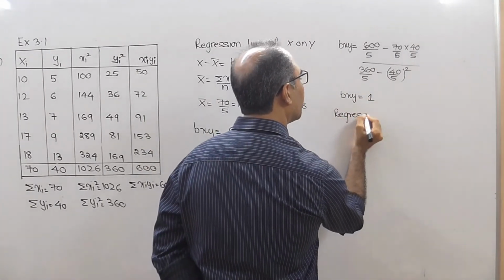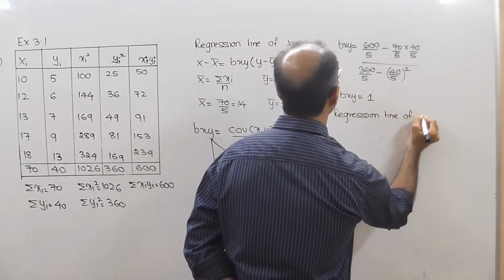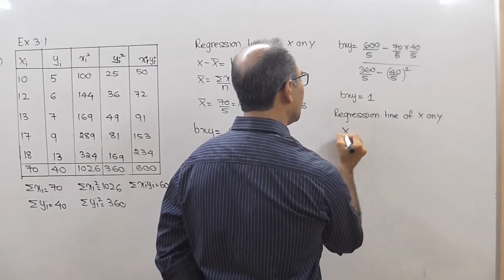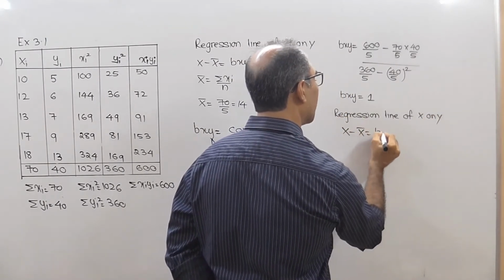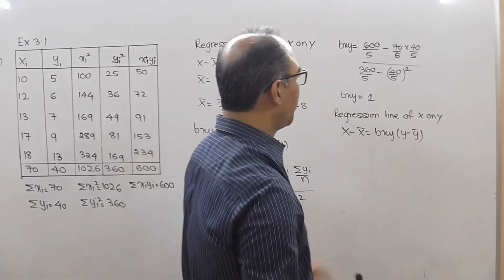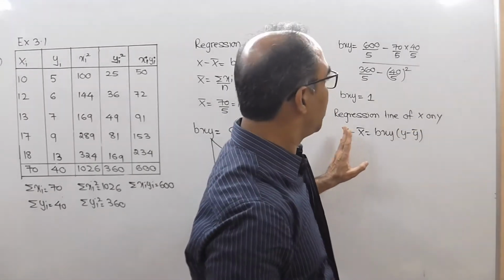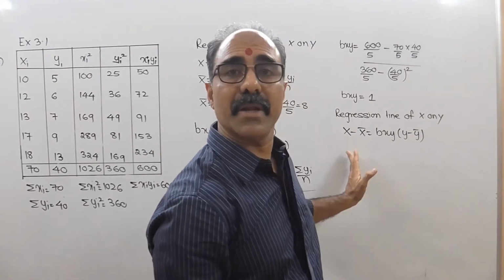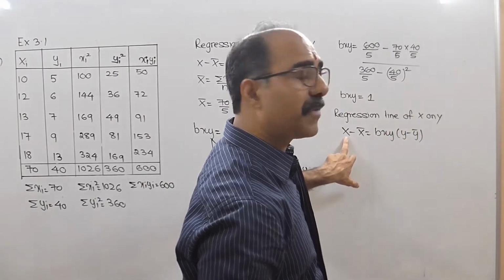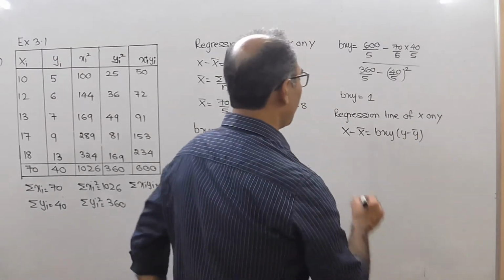We have to find the regression line of x on y. That means it will be x minus x bar, bxy, y minus y bar. If it is a regression line of x on y, it should start with x. If it is a regression line of y on x, on the left you will have y minus y bar. If it is a regression line of x on y, on the left you will have x minus x bar, bxy, y minus y bar.